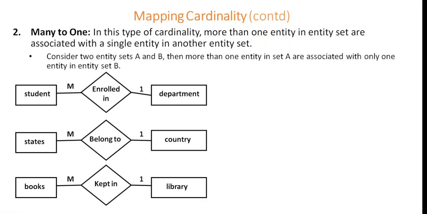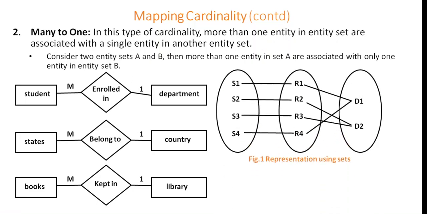So this is how many-to-one relationship, or many-to-one mapping cardinality, can be represented. Here many books in the book entity set are participating in a relationship and they are kept in a single library. And at the right side you can see the figure showing how many-to-one mapping cardinality can be represented using sets.